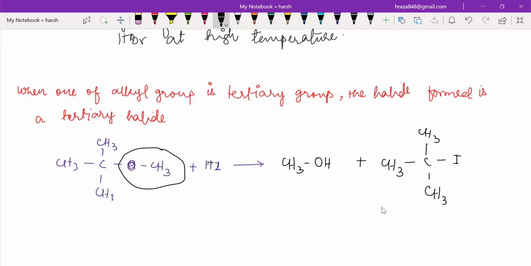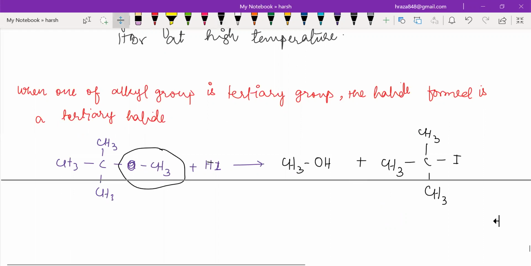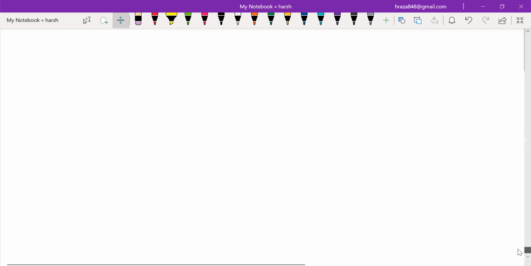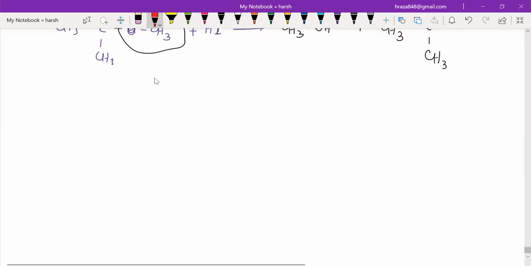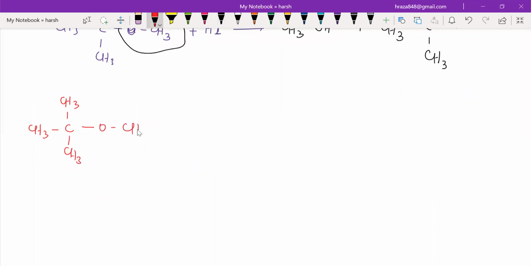Very good. So if we are going for the mechanism, you can see CH3, CH3, CH3, and then this O, CH3, and we are reacting this with HI.